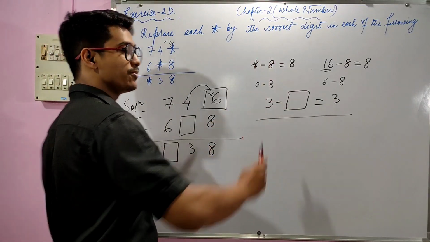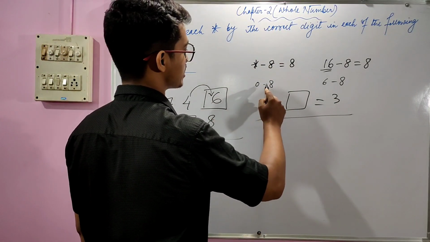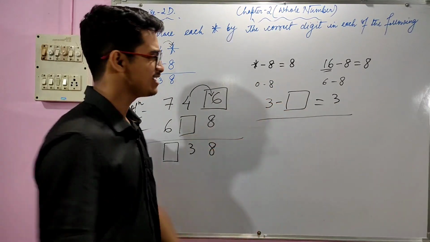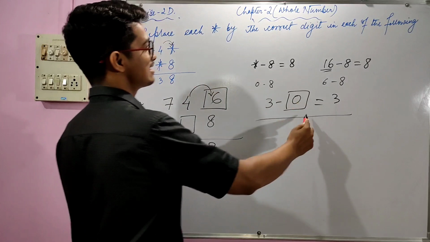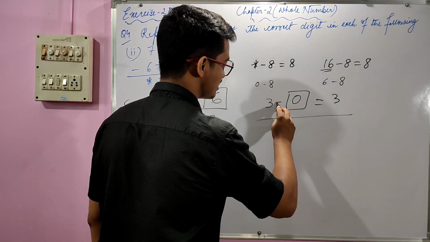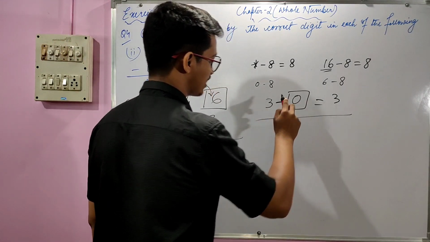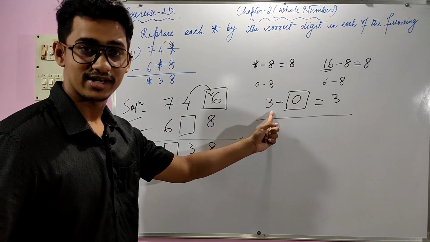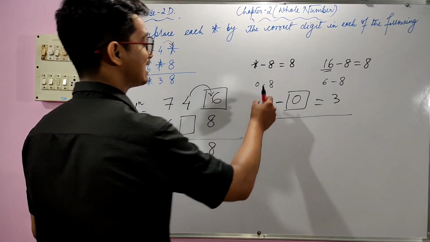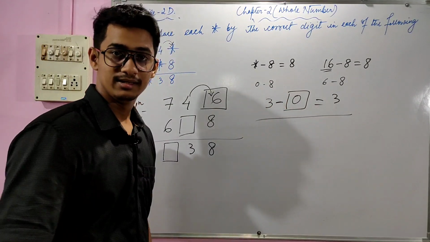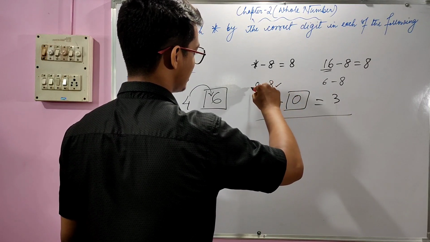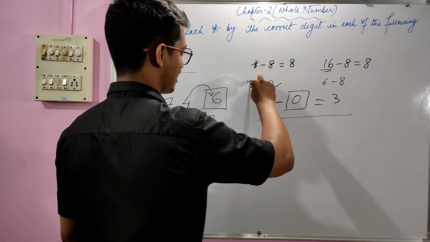In our previous case, we cannot write 0 minus 8 because 8 is greater than 0. But now we can write 0 because 3 is greater than 0, and the minus sign is over here and 3 is on the left hand side. The problem comes when the greater number is on the right hand side. This is the right hand side and this is the left hand side.